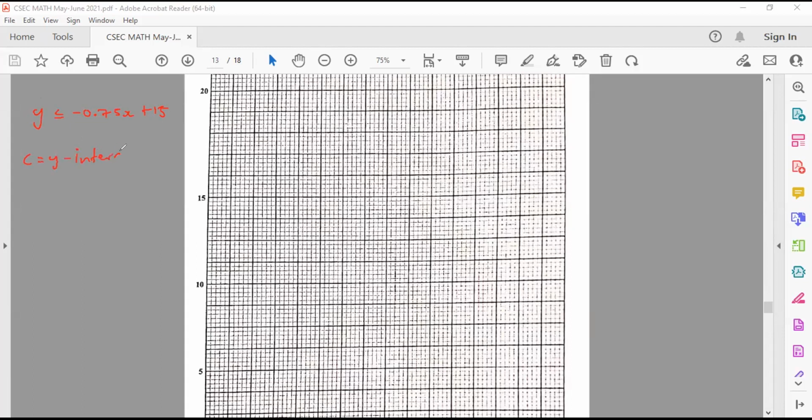And our y-intercept is 15. So that means that I have a point right there. That's one of the points. So when x is equal to 0, y is equal to 15.